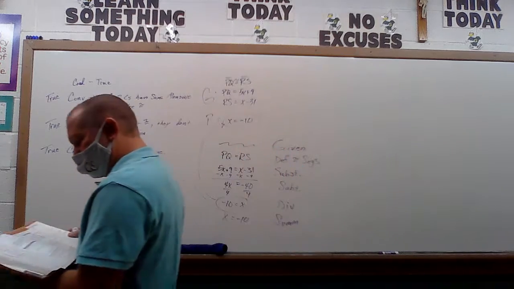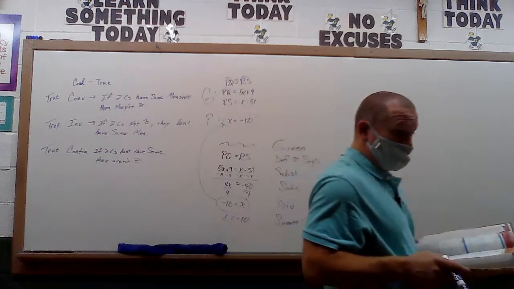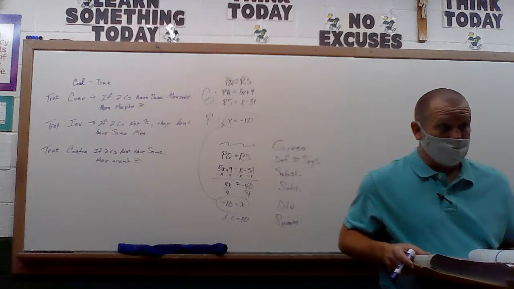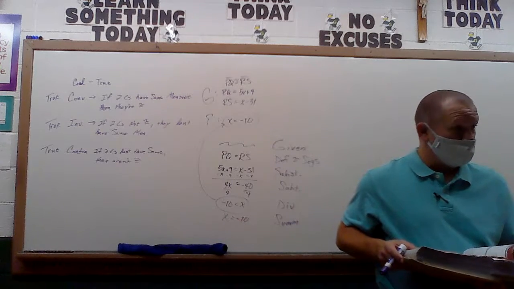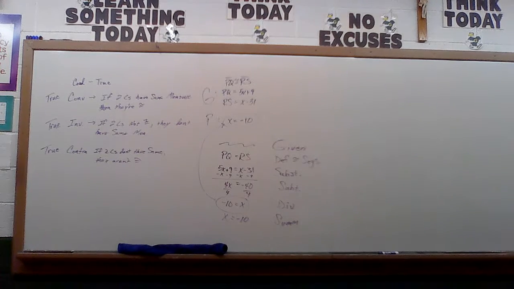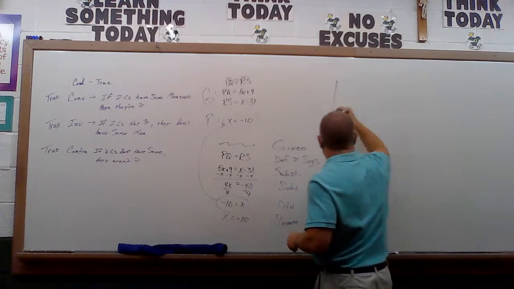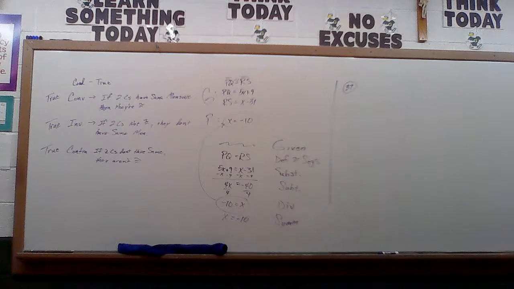Let's go back to 37. Do you want to try this on your own piece of paper? Go ahead. Ryan says no. I'm going to start writing it up here, and then we'll try to get through it together. So, ladies and gentlemen, if we run out of time, 38's a good one yet.